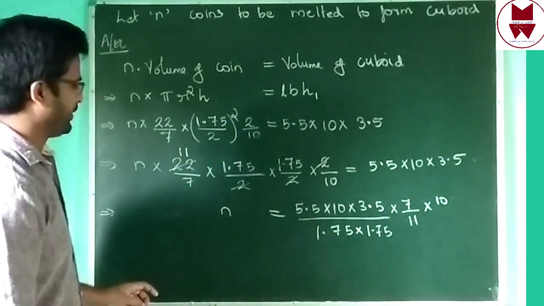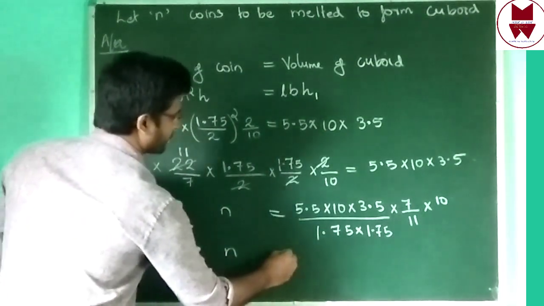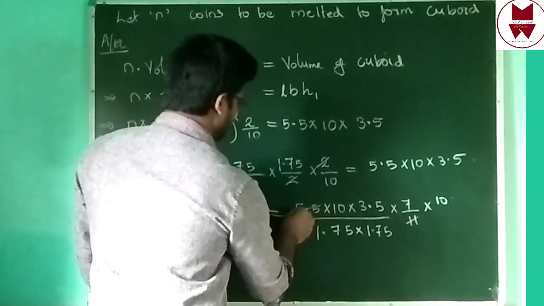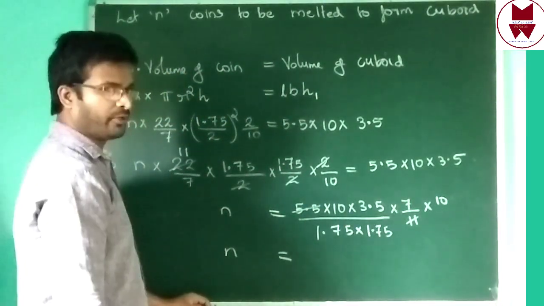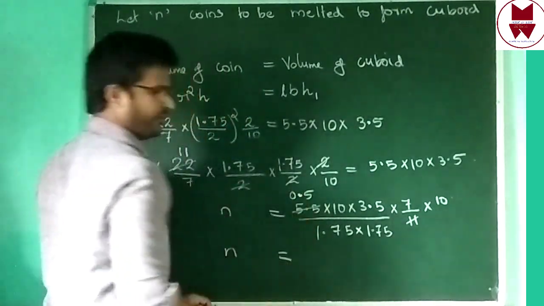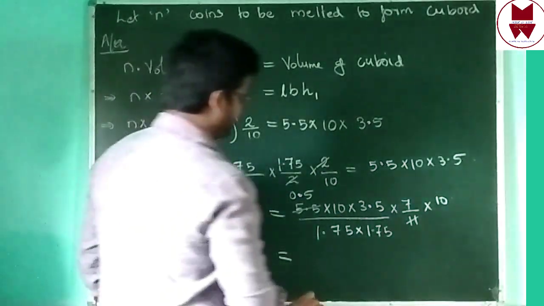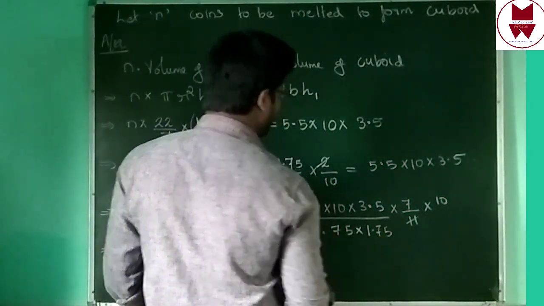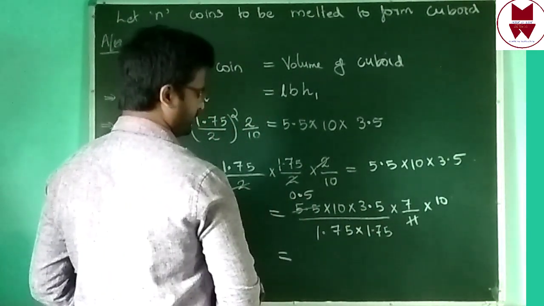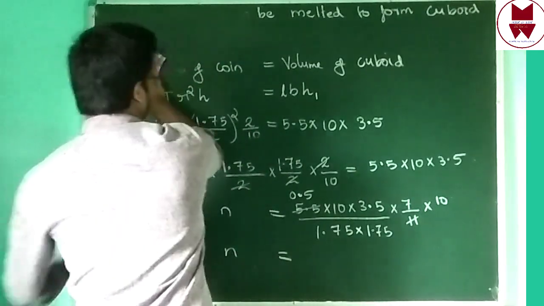Then you can cancel 11 and 55, that is 5.5. That means we will get 0.5. 5.5 and 11 cancel. Then this 1.75 and 3.5, here also 1.75, all decimal numbers only.